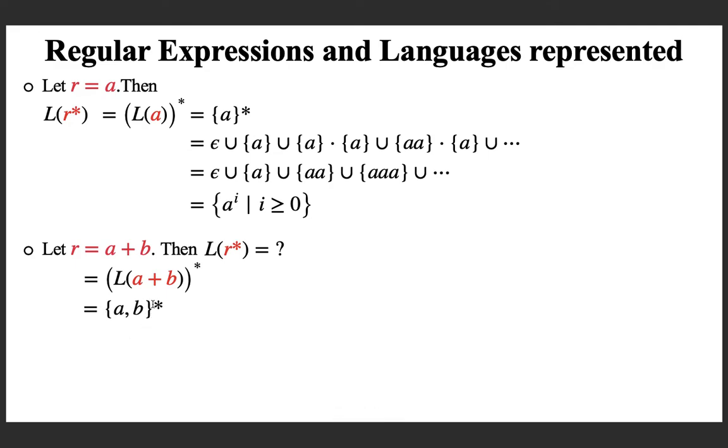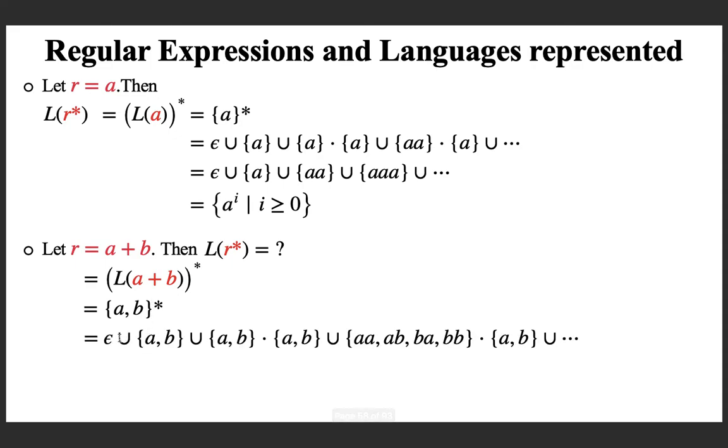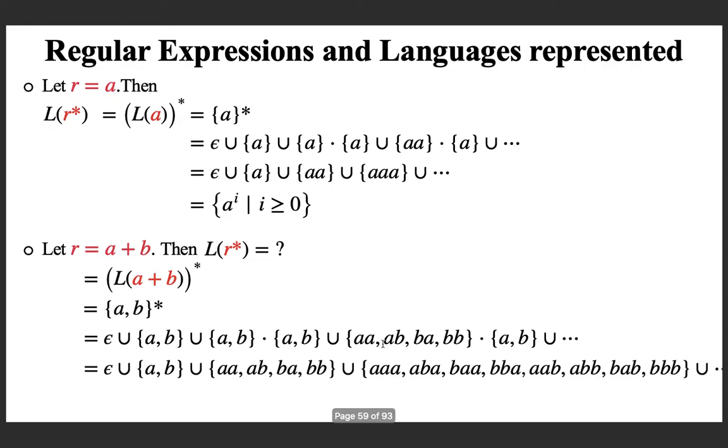If you take L as this language, it is nothing but L to the power 0, which is epsilon by definition, union L union L concatenated with L union L square concatenated with L. Likewise it goes, and if you rewrite, you will get this language, which is actually the set of all strings over the alphabet set AB.